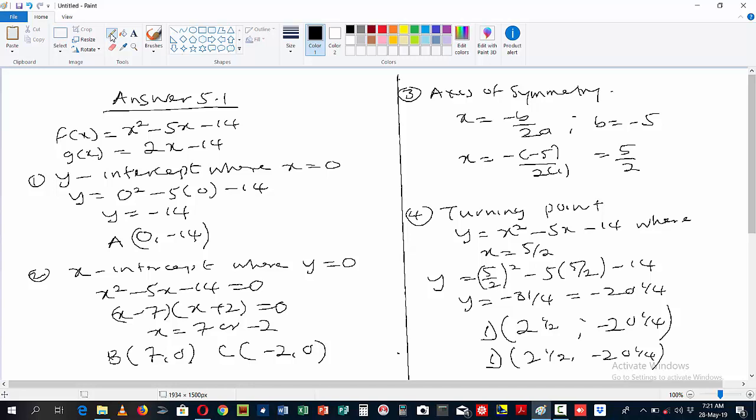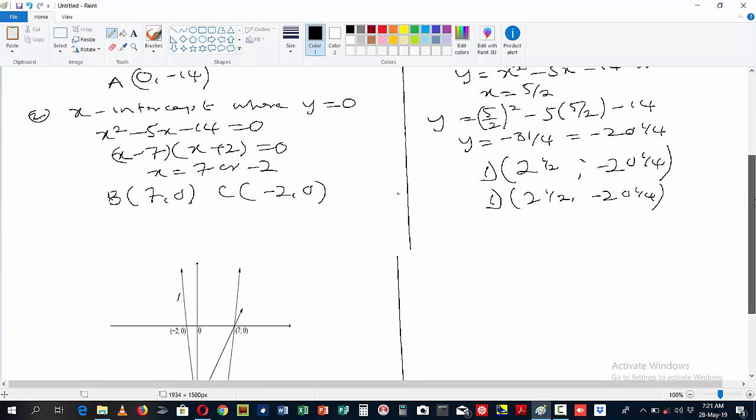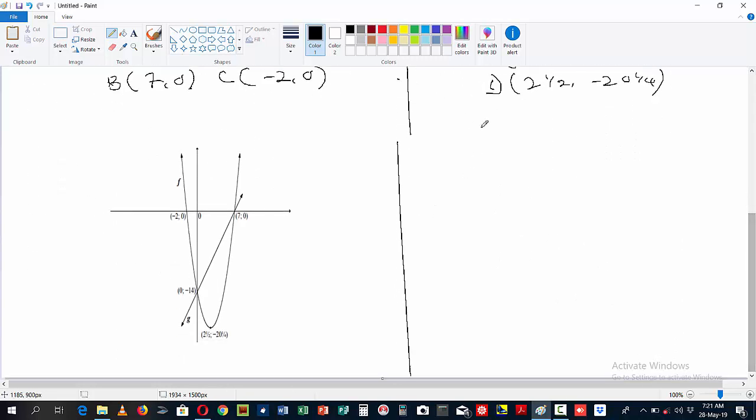g of x is equal to 2x minus 14. The first step is the y-intercept, where x is equal to 0.